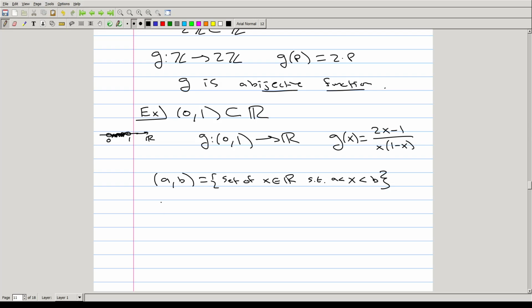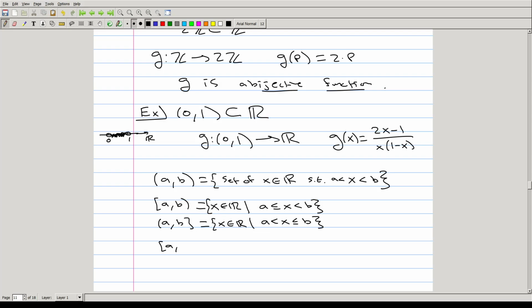Whereas this notation means the set of all real numbers x such that a is less than or equal to x, which is strictly less than b. This means the set of all real numbers such that a is strictly less than x, and x is less than or equal to b.